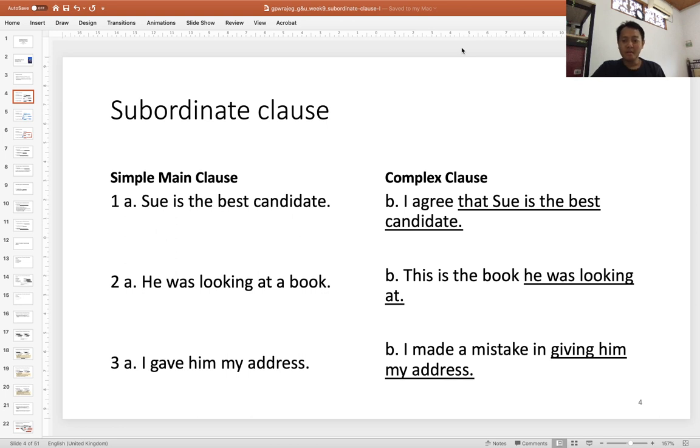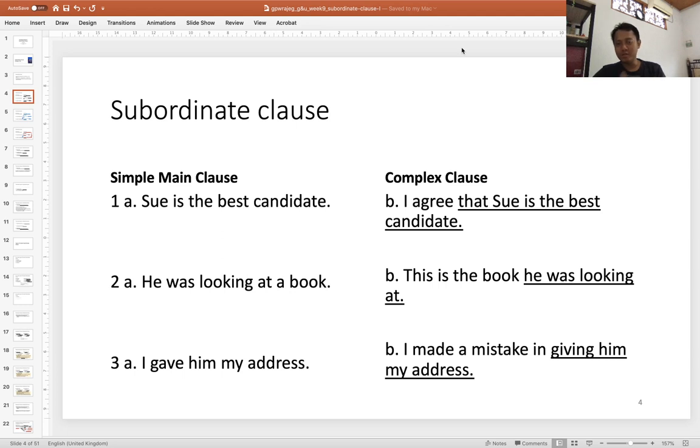Second example, he was looking at a book. That's a main clause, because it can stand alone, it can express a complete meaning in itself, but a subordinate clause cannot do it. If we go into that definition, a subordinate clause cannot express a complete thought.